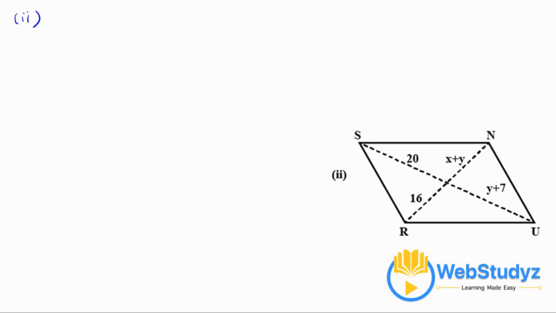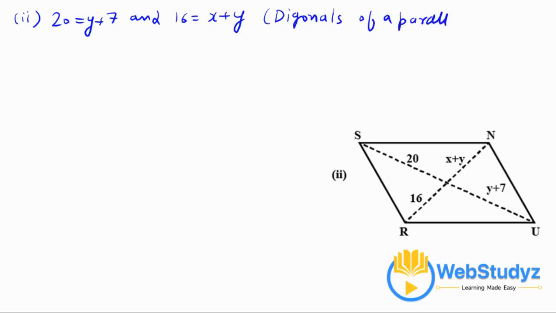Here we can make the equations as 20 is equal to y plus 7 and 16 is equal to x plus y, by the property of diagonals of a parallelogram.